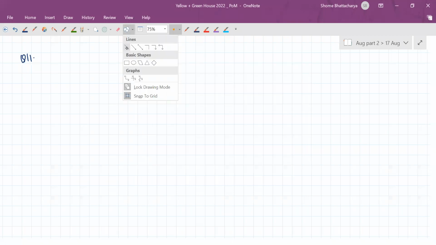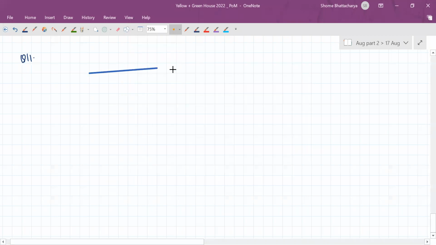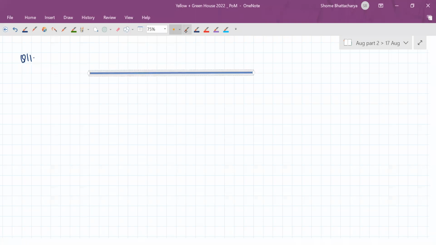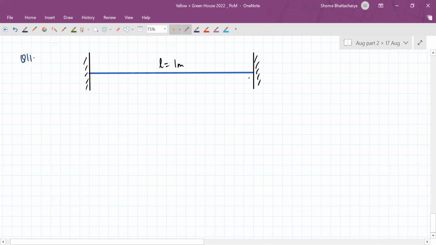Let's say this is our steel wire, which is clamped at both the ends and it remains horizontal when we are not putting any load on it. So at that point of time, there's no tension. So it's at its natural length. So that natural length is given to us as 1 meter. Okay.